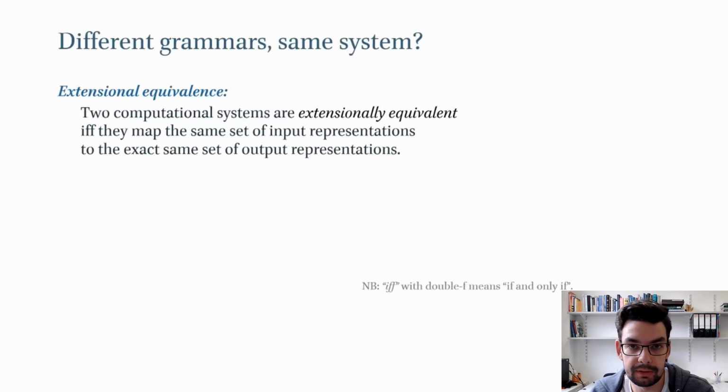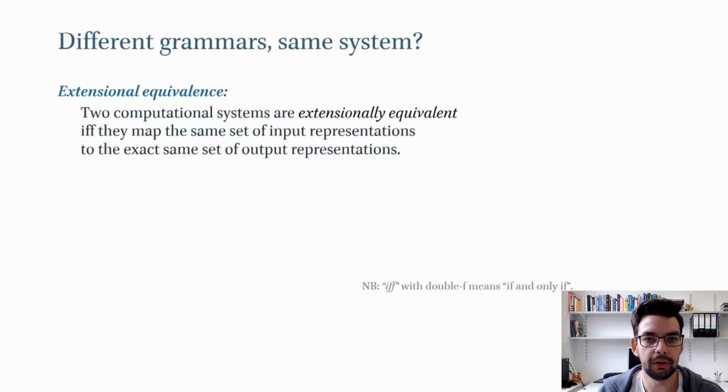So every computational system, which a mental grammar is an instance of, has an input and an output. And so it's important that when I give it the same starting point, if you will, it arrives at the same end point. And so if I get the same set of endpoints for the same starting point, then my two systems, or my two mental grammars, are extensionally equivalent.